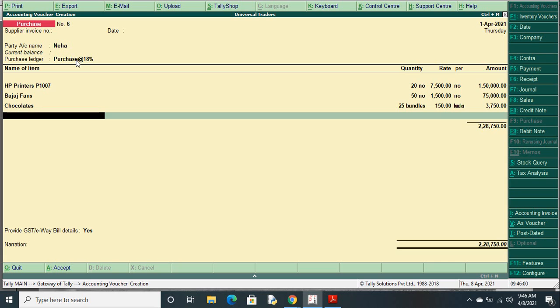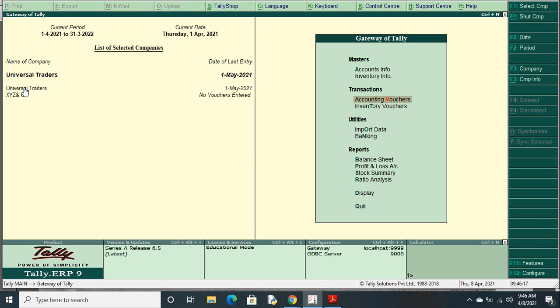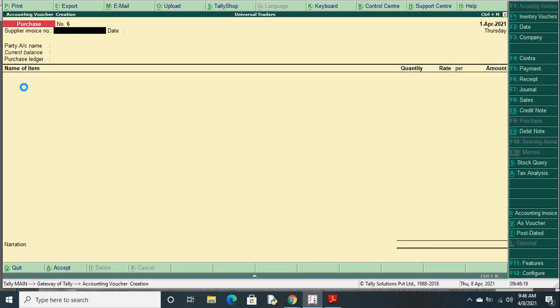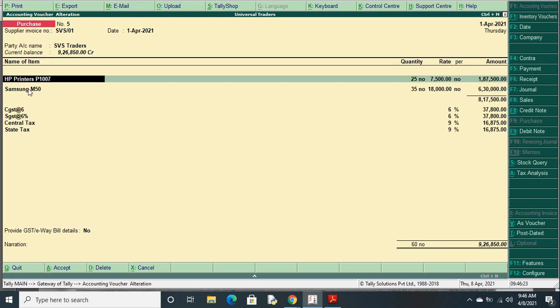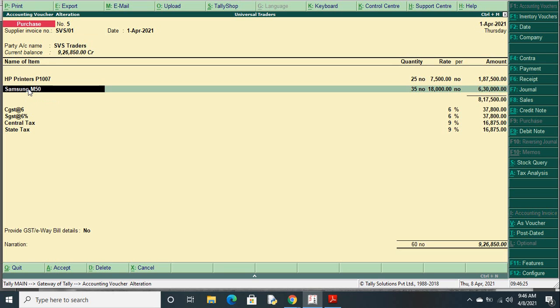Right. Now when we are dealing with different tax rates, then use common ledger must be no. Just like we did the previous transaction, this HP printers with 18% and Samsung phones for 12%.